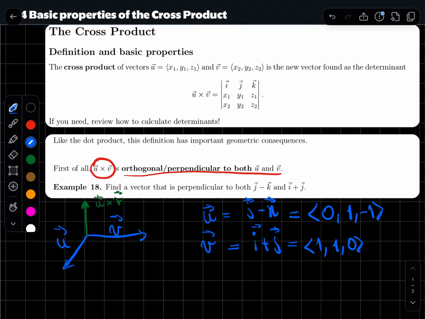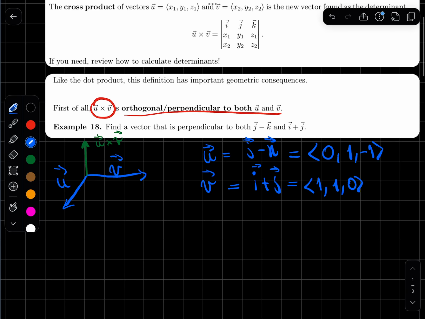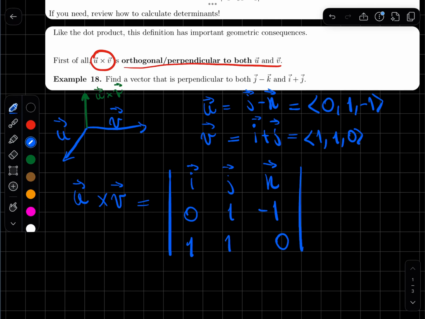And to find a vector that's perpendicular to both, I just do the cross product of these two. U cross V will be, bring it out, i goes here, j goes second, k goes third, put the coordinates of U, 0, 1, negative 1, 1, 1, 0, and then just have fun with finding this determinant.